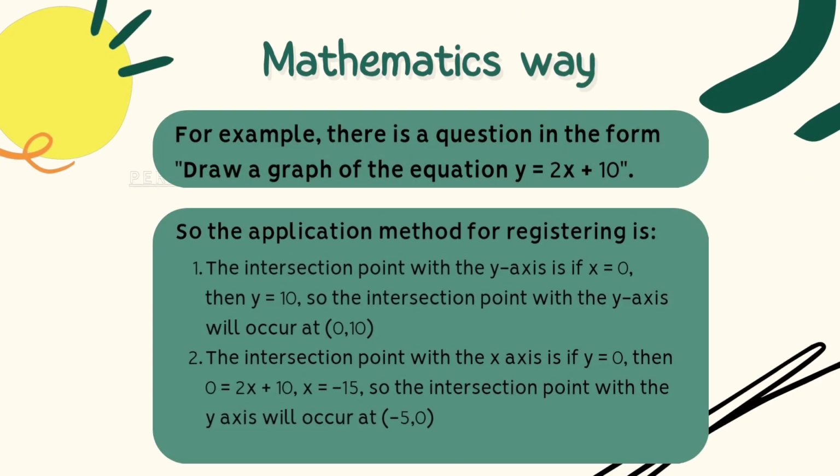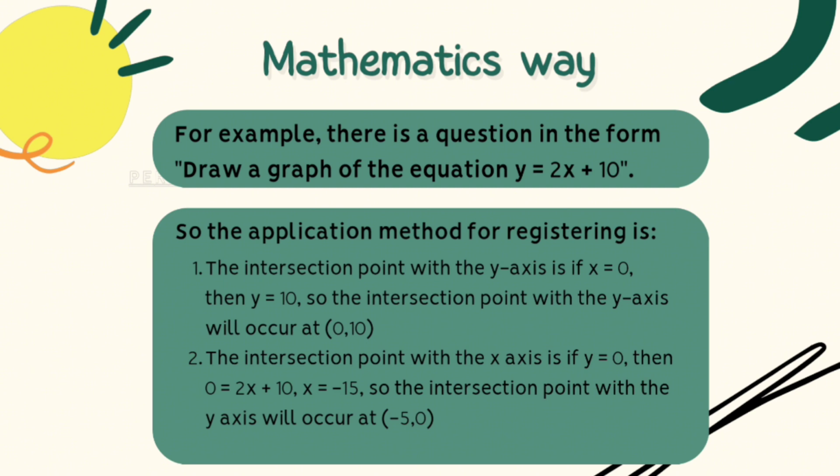For example, there is a question in the form: draw a graph of the equation y equals 2x plus 10. So the method is: number 1, the intersection point with the y-axis is if x equals 0, then y equals 10.